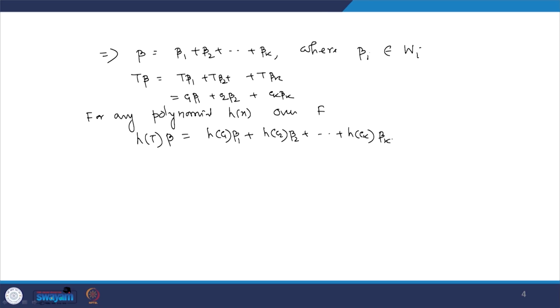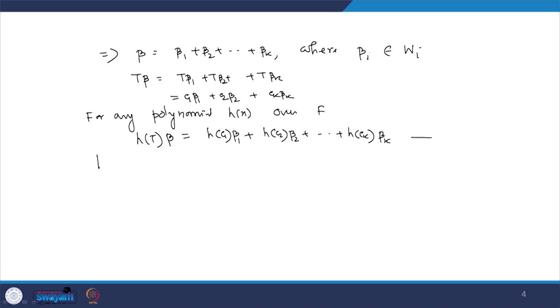Okay, so for any polynomial H over F, the operator Ht when operating on beta will be of this structure, please, and it will be in your W.